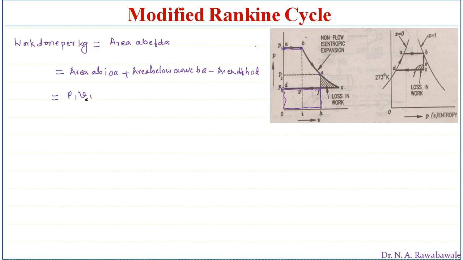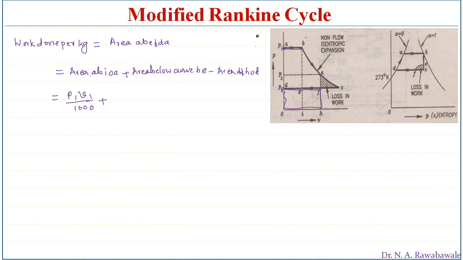P1 V1 divided by 1000, assuming that pressure P1 is in Newton per meter square, so as to find work in kilojoules, plus the area below this curve is given by the change in internal energy.